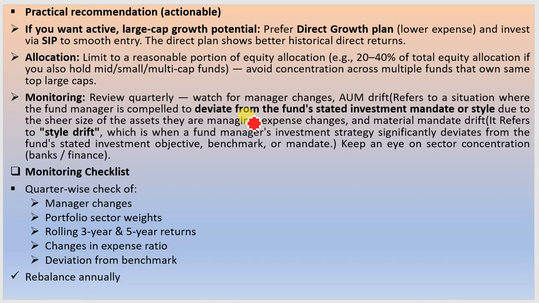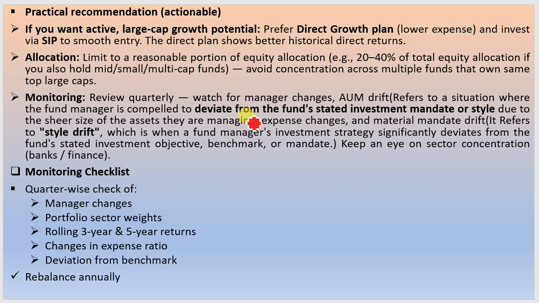Also watch for expense changes and material mandate drift. And what is mandate drift? It refers to style drift, which is when a fund manager's investment strategy significantly deviates from the fund's stated investment objective or benchmark mandate. Keep an eye on sector concentration, that is banks and finance.